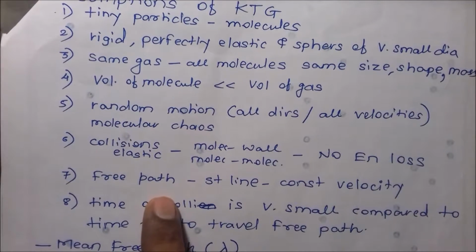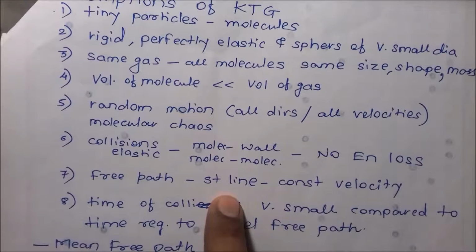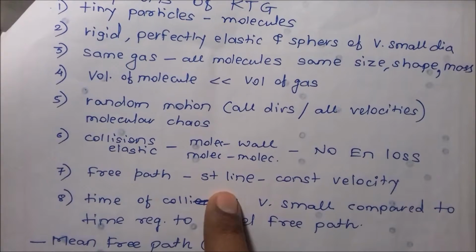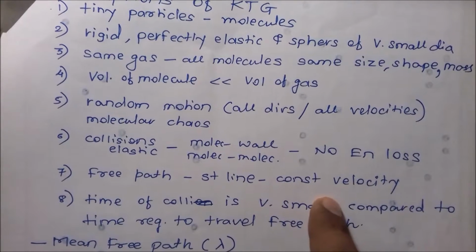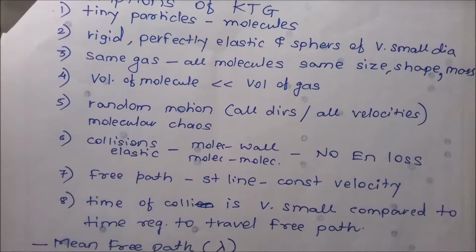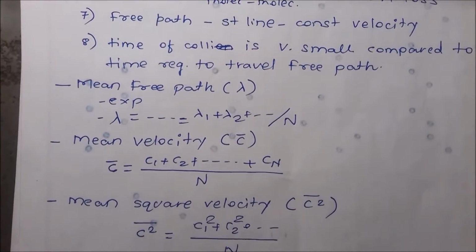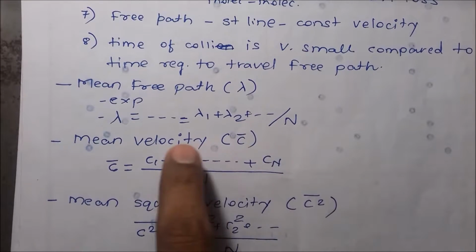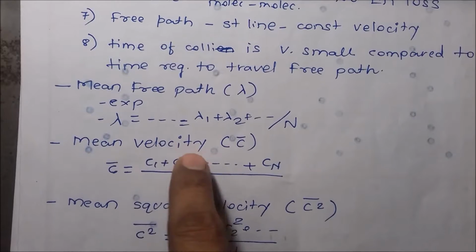Then free path. Free path is the straight distance between two consecutive collisions, and between two consecutive collisions velocity is constant. Time of collision is very small compared to time required to travel free path. Then this is the formula for mean path, summation upon n. Mean velocity this.